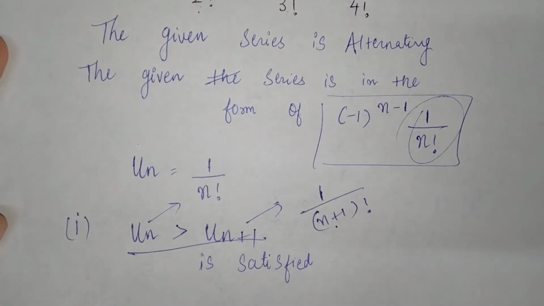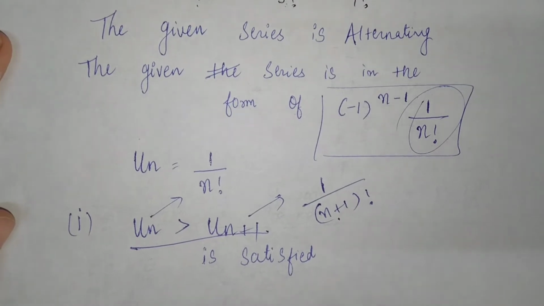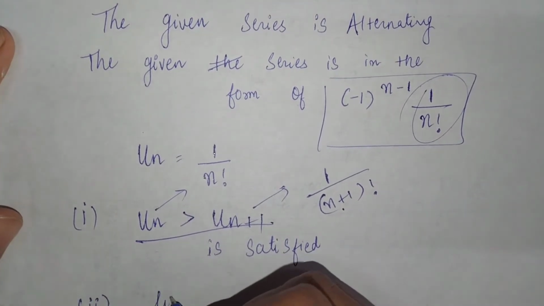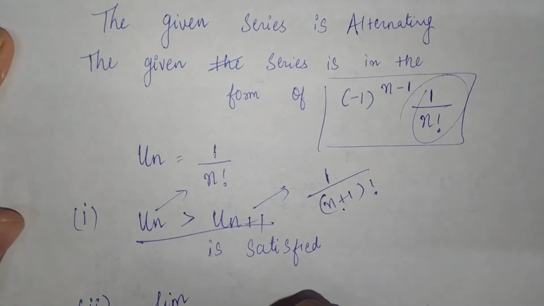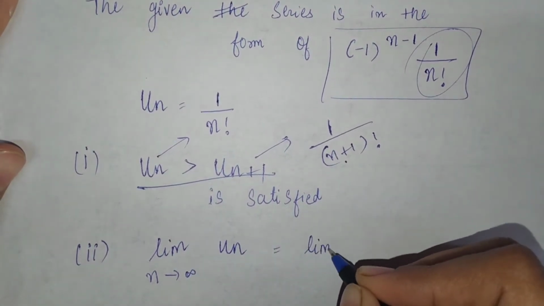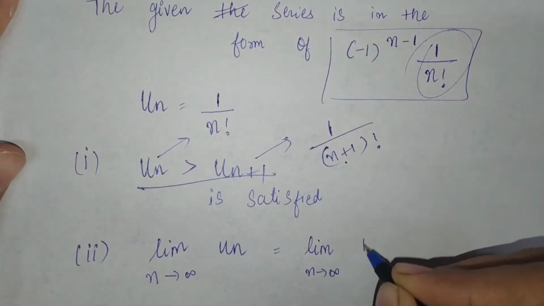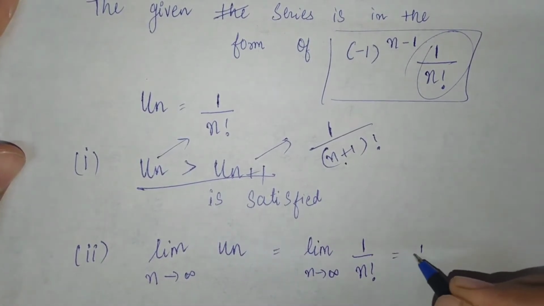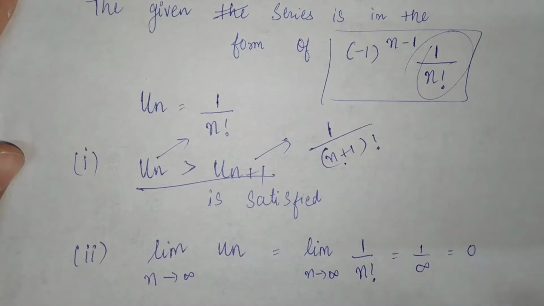Now moving towards the second condition. What was the second condition? We have to put the limit and check for un. Limit n tends to infinity of un is 1 by n factorial, and if we put the limit, the answer will be 0.